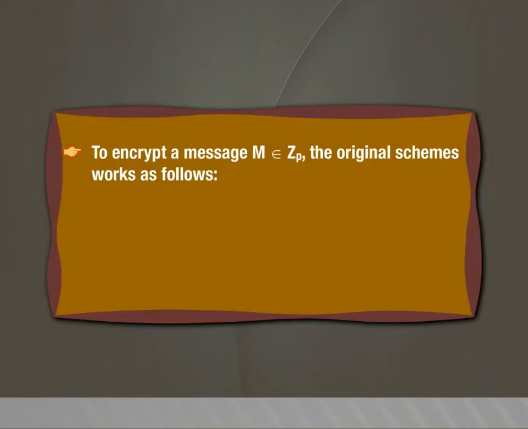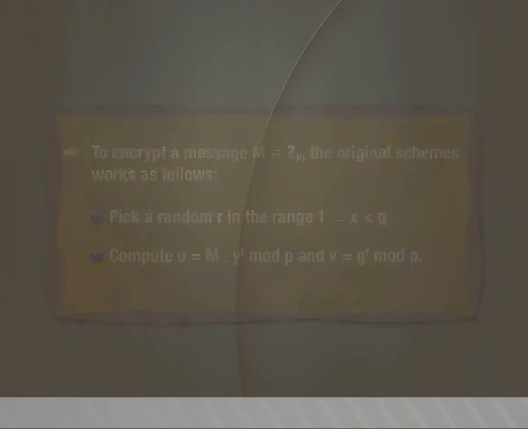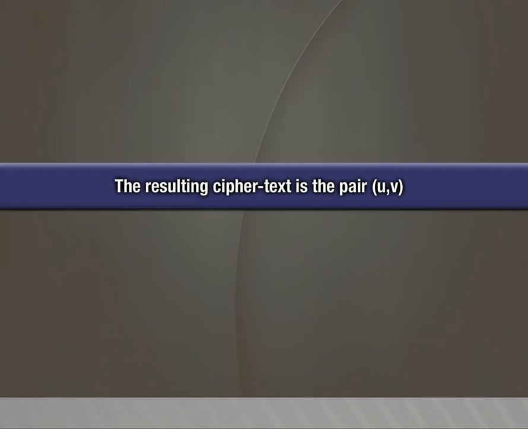To encrypt a message M belonging to Zp, the original scheme works as follows. Pick a random R in the range 1 less than or equal to R less than q. Compute U is equal to M into Y^R mod p and V is equal to G^R mod p. The resulting ciphertext is the pair (U, V).